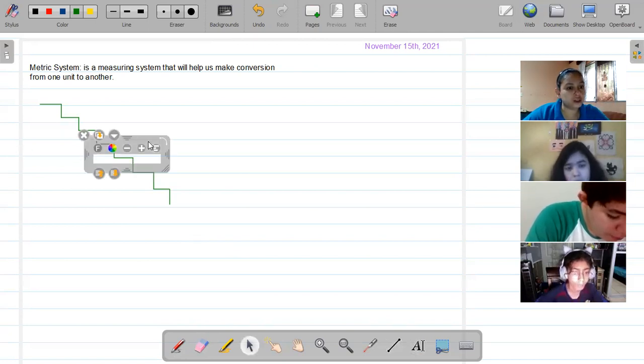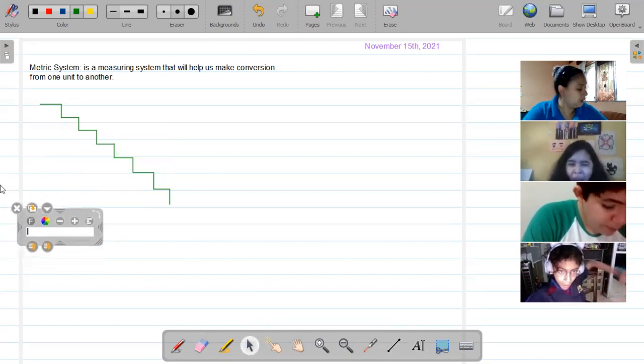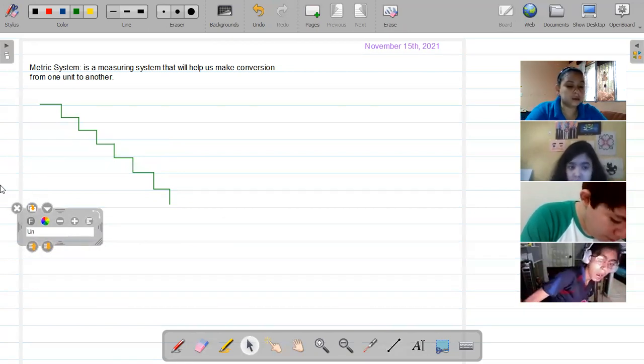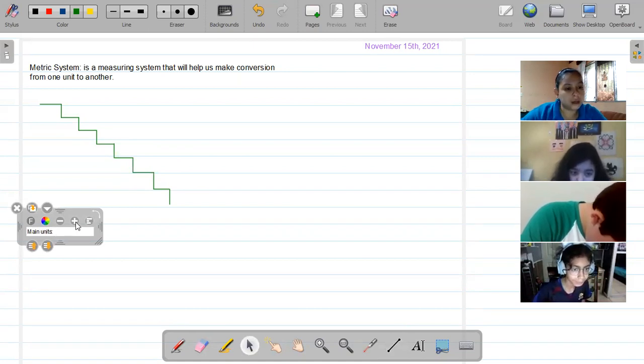Okay, we have units for different things. So that's what we're going to talk about right now. We're going to call them main units. And what are these main units?